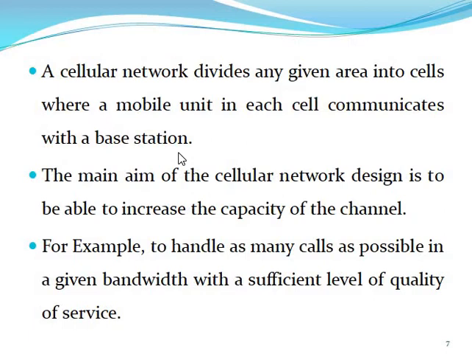If one base station has a large number of users, then high bandwidth is required, because the network capacity is divided among the particular cells. This is the main importance of the cellular network.